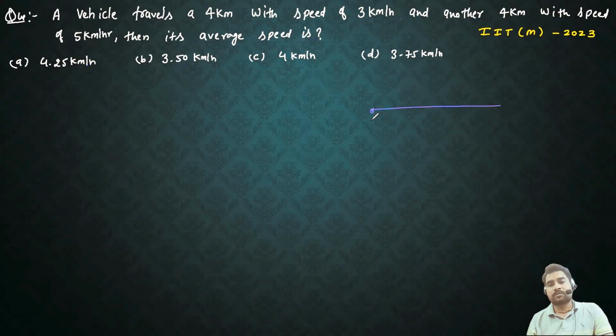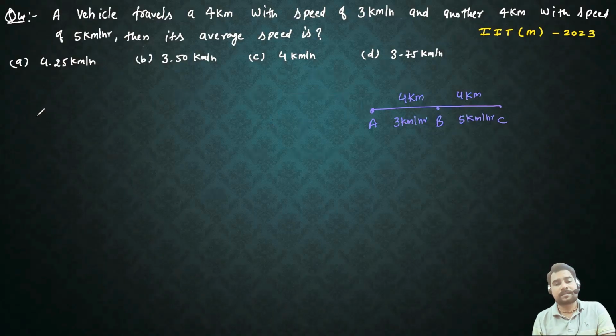So in this question, from A to B and B to C, the initial 4 kilometer is covered with speed 3 kilometer per hour, and another 4 kilometer with speed 5 kilometer per hour, and average speed is what they were asking. No problem, I can use the direct formula that I just discussed.